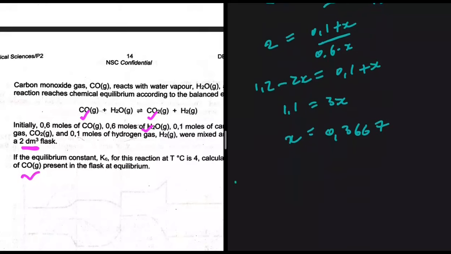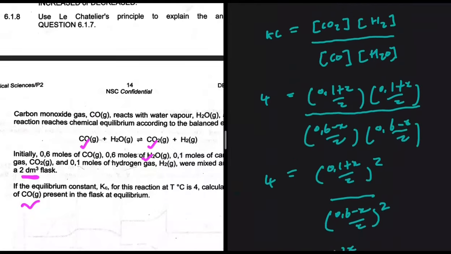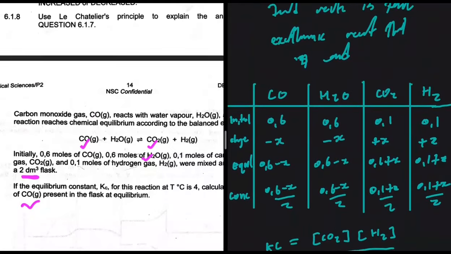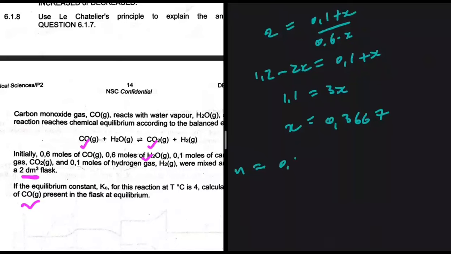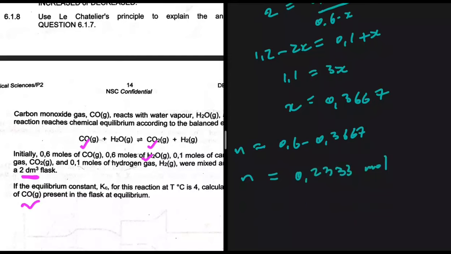So the number of moles of carbon monoxide at equilibrium. Let's go to our table. Carbon monoxide at equilibrium, we have 0.6 minus x, is that right? So this is 0.6 minus 0.3667. Let me put that in my calculator. I get the number of moles being equal to 0.2333 moles.